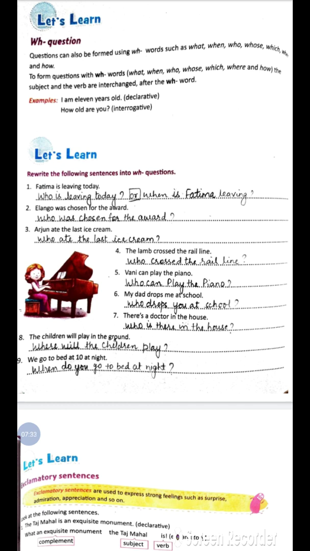I am 11 years old. How old are you? Here you are asking the question. How old are you? The answer is I am 11 years old. Interrogative part, but WH questions. My name is Ria. What is your name? Okay.